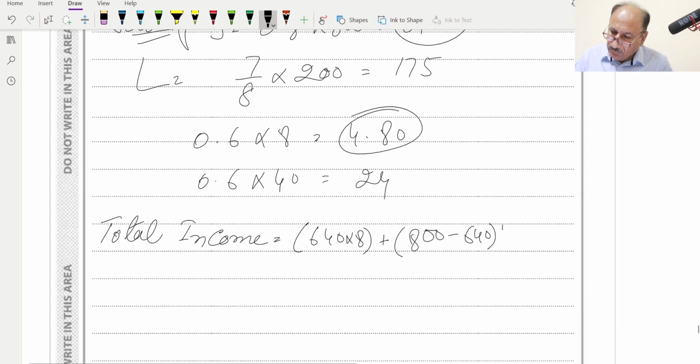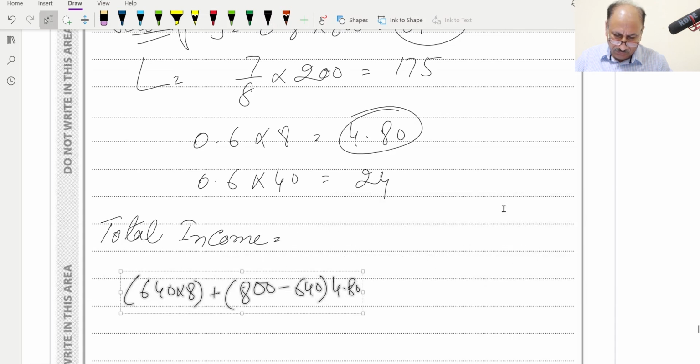So this will be multiplied by 4.80. Then we can move this portion over here so that we can write in one line. Good. So this will be plus, next is what?